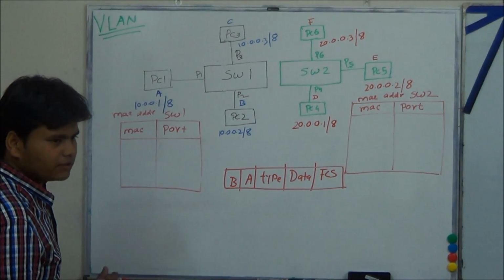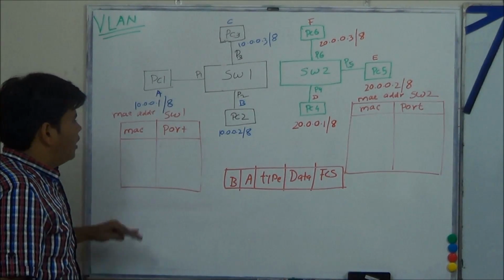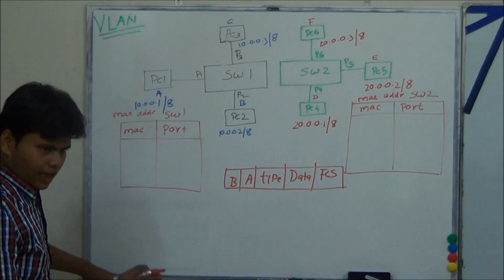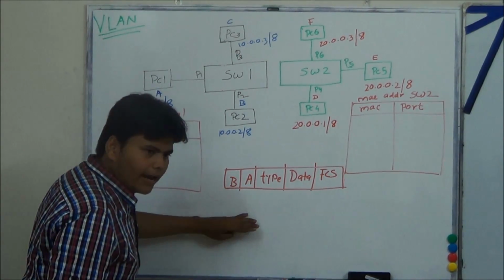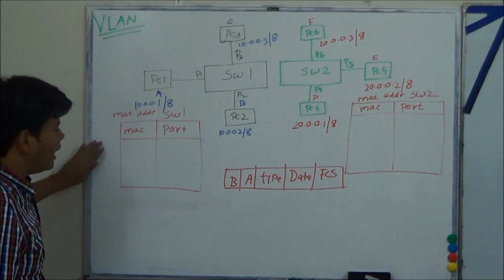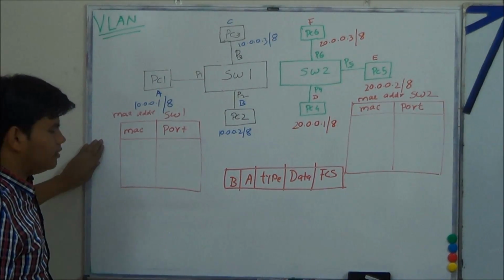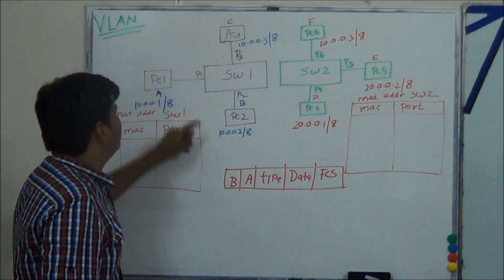Now the functioning of a switch. We know the functioning of a switch. First, it will check the source MAC address of the frame, which is A, in its MAC address table. Here it is not present, so it learns the MAC address A at port P1.